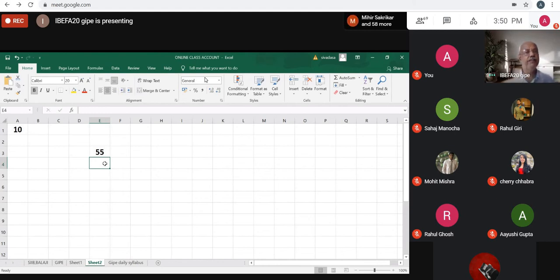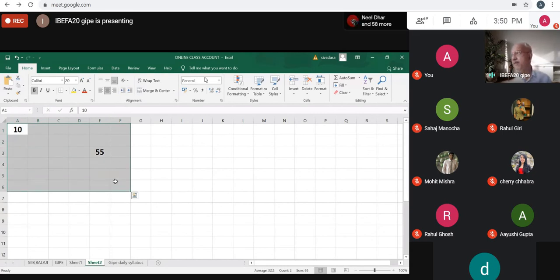55. A4. I have typed in 3. You might have typed in 4. So the next syllabus is completely based on cell references in analysis. Data will be given.